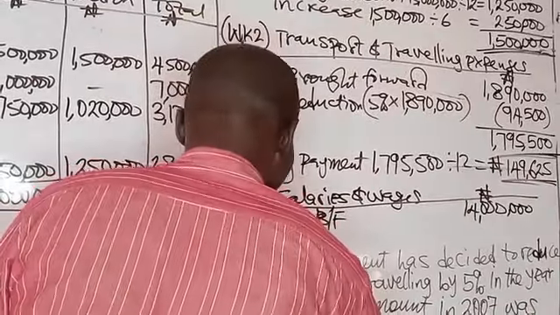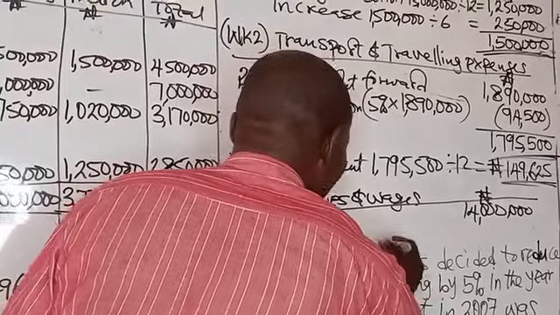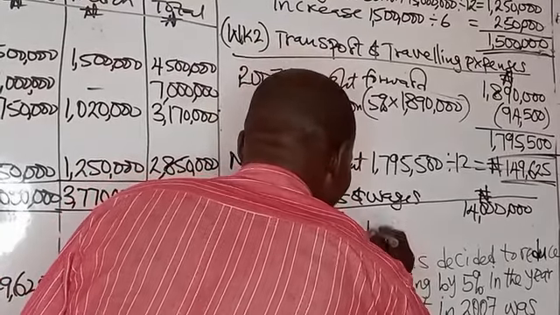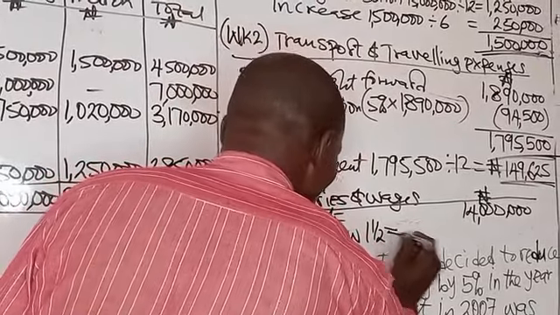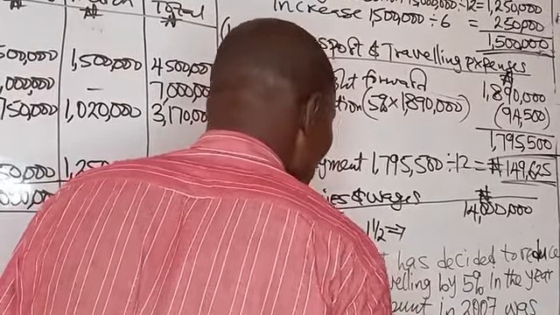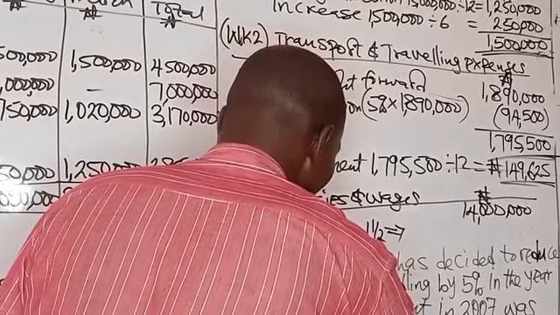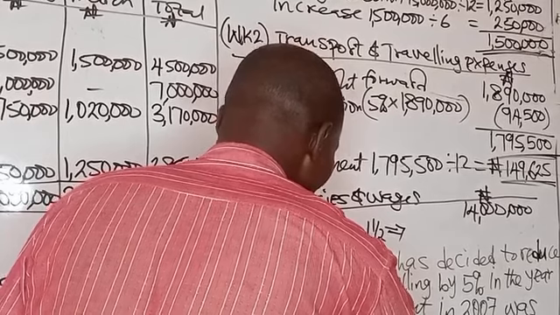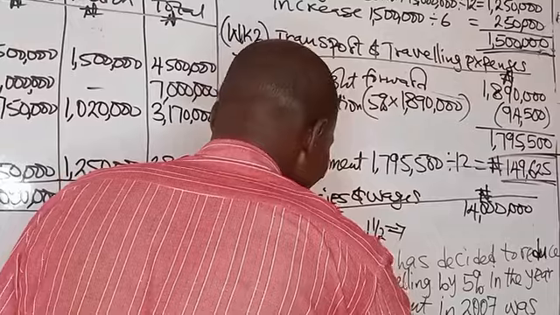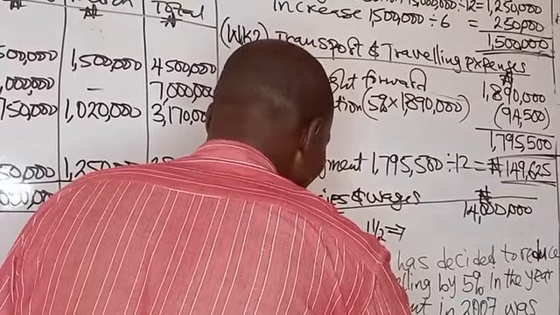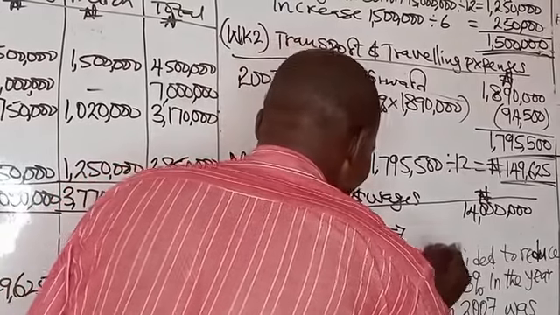So for 2008, salaries and wages is 1.5. Let's convert 1.5 to a fraction: 1 divided by 2 is 0.5, and 0.5 plus 1 is 1.5. Or as an improper fraction, 2 times 1, 2 plus 1, 3 over 2, which is the same as 1.5.